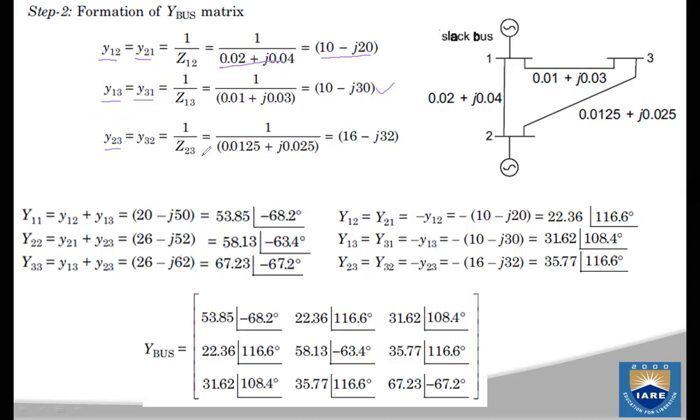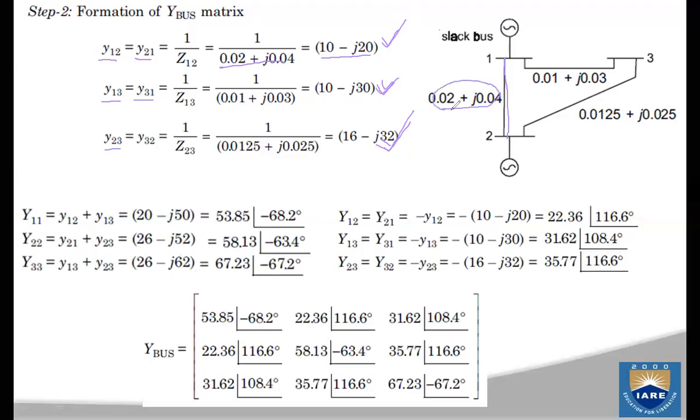So 1 by 0.0125 plus j0.025, you will get 16 minus j32. So these three values are the admittances of transmission lines connected between 1 and 2, 1 and 3, and 2 and 3. These admittance values I have shown on these lines. So between 1 and 2, this transmission line has this much admittance.